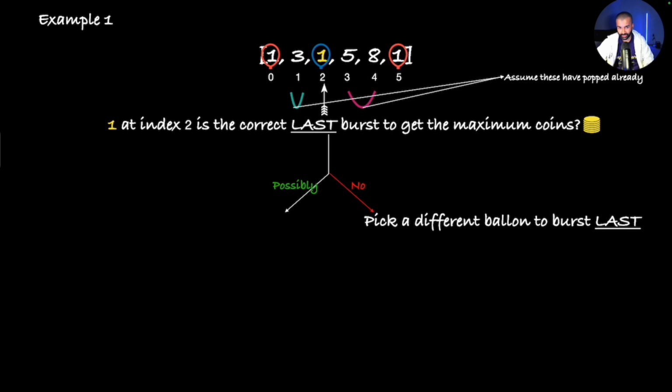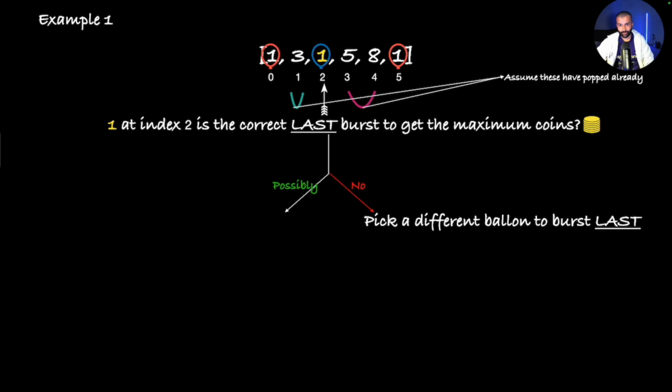You have to really understand this. If 8 at index 4 was being popped, then it only relies on its immediate left and right balloons, 5 at index 3 and 1 at index 5. But if 5 was already popped before 8, then 8 at index 4 will use 1 at index 2 as its leftmost value.